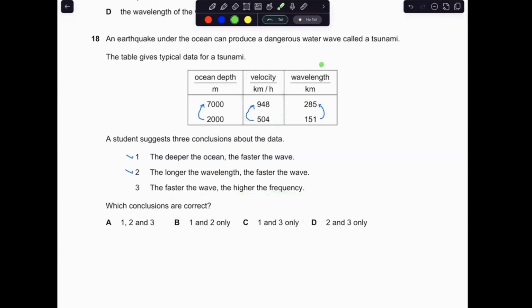We don't have direct information about the frequency. Instead, we have the wavelength. If the frequency gets higher, what would happen to the wavelength? Inversely proportional. So is 3 right? The faster the wave, the higher the frequency? No, 3 is not right. So it is B, 1 and 2 only.